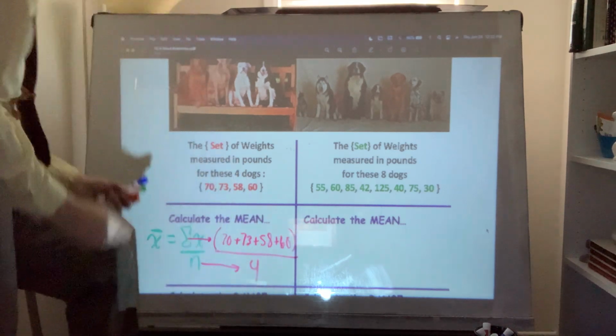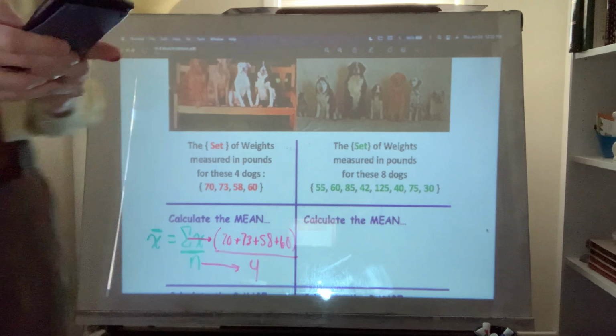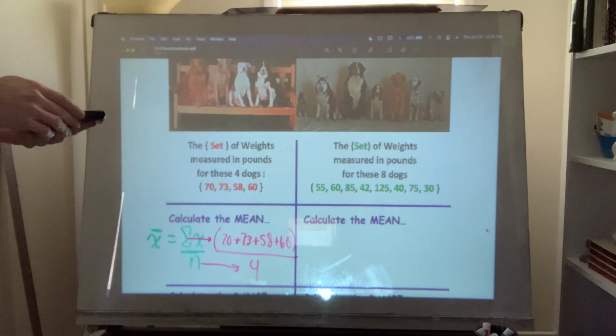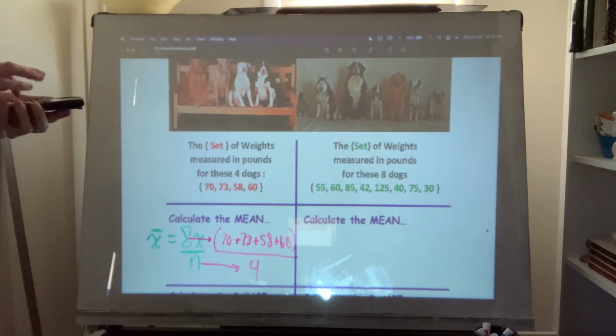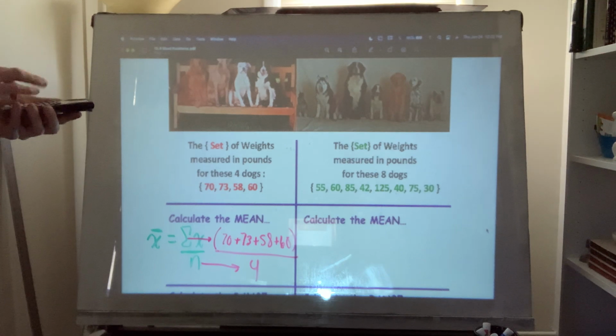And just to expedite here, let's calculate. 70 plus 73 plus 58 plus 60 gives you 261.